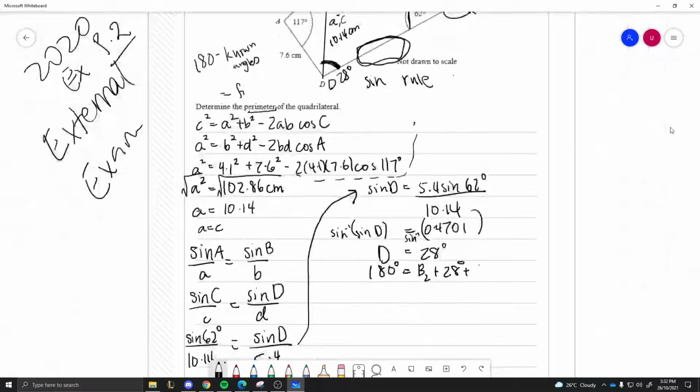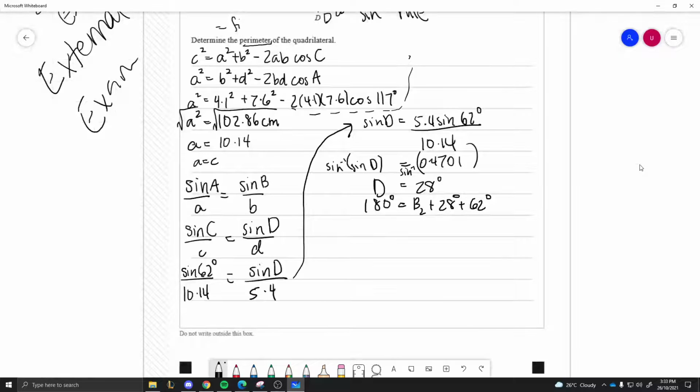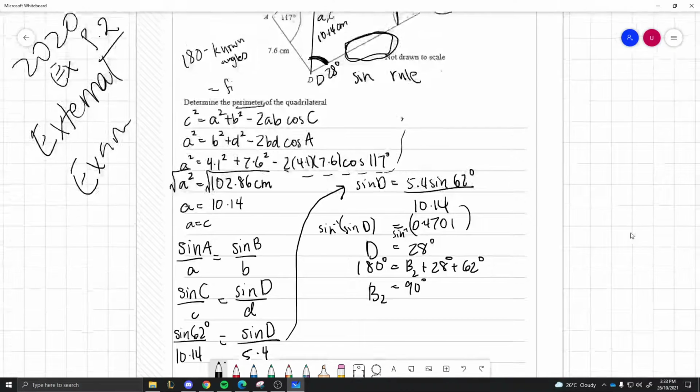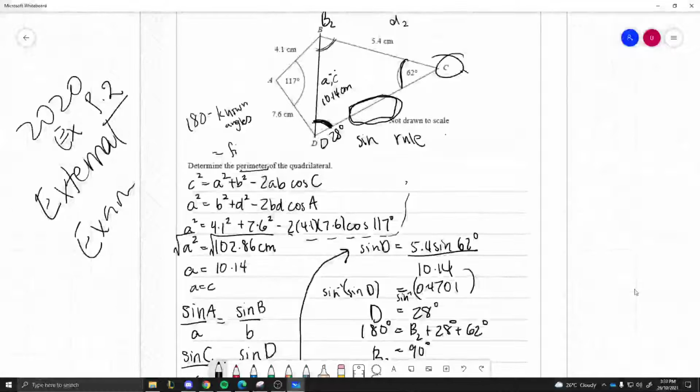You need to remember this rule, that the sum of all angles in a triangle is 180, and because we have one unknown angle, we can find that. 180 minus 28 minus 62 gives you 90 degrees. B2 equals 90 degrees. That's funny because I said at the start that I couldn't see any 90 degree angles. That's coincidental.